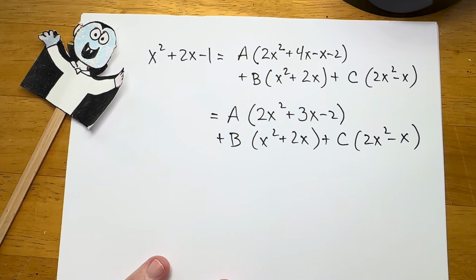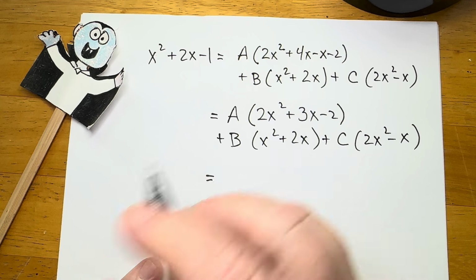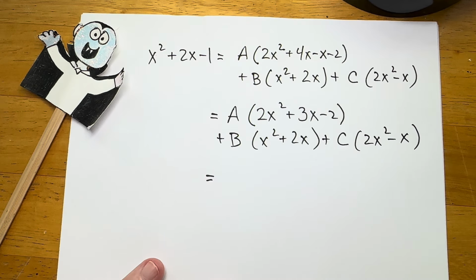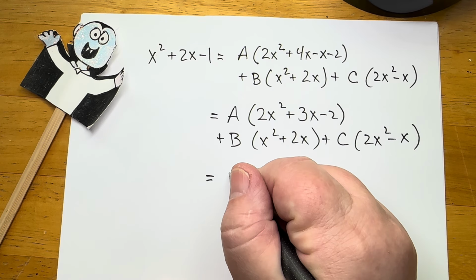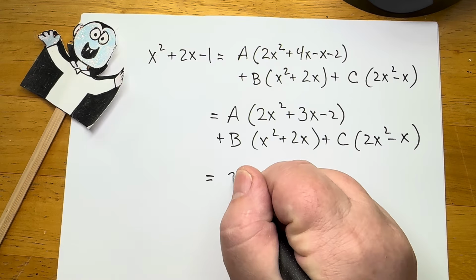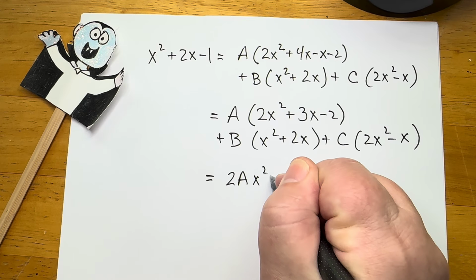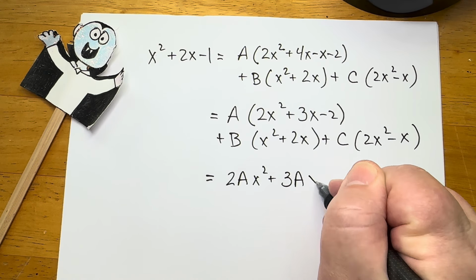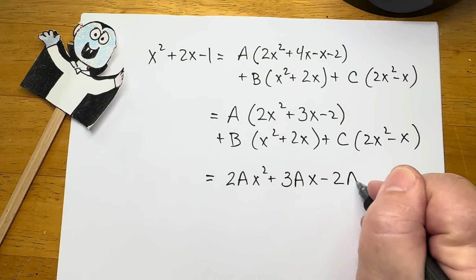Yes, I know. I am sure you're all thinking, wow, isn't there a computer somewhere that could be doing this? And the answer is yes, probably. But we're going to play the game where we're on a desert island somewhere working through this. So then I've got 2ax squared plus 3ax minus 2a.